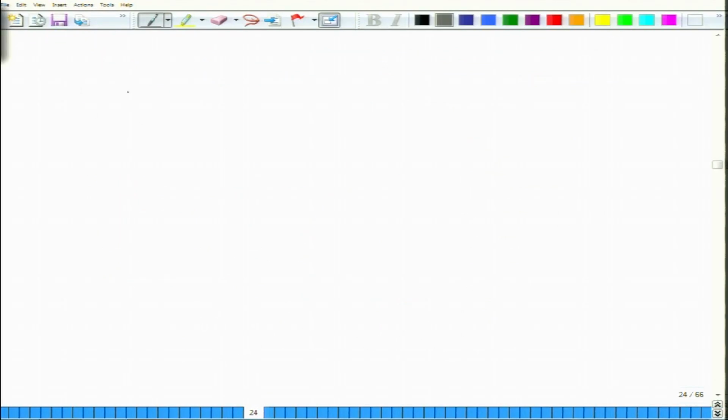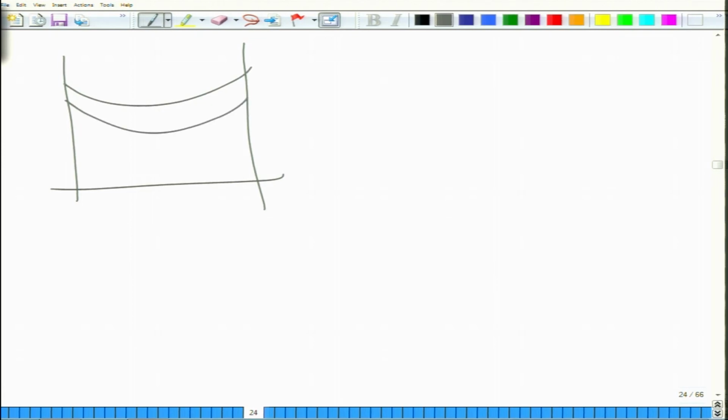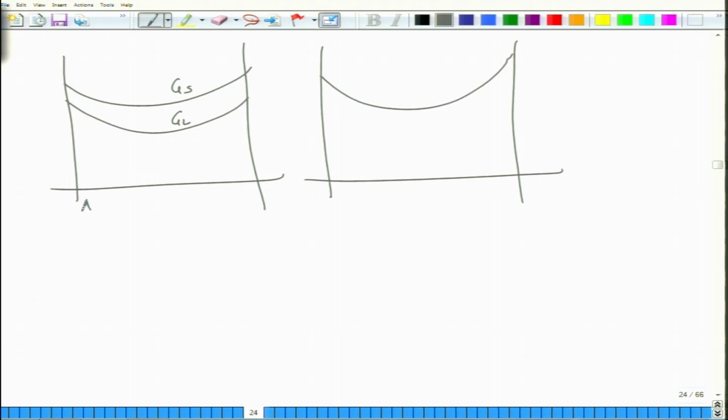So, for example, you can draw free energy composition curves. For the liquid region, your GL will be lower than GS. For the solid region, in an isomorphous phase diagram, so this is AB, for the solid region GL will be higher than GS.